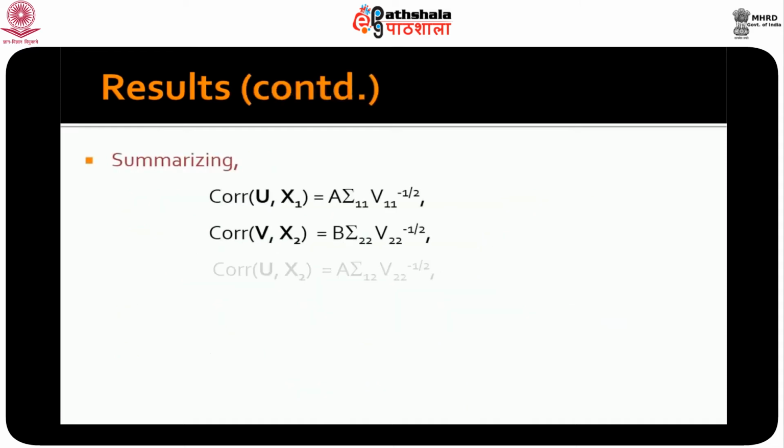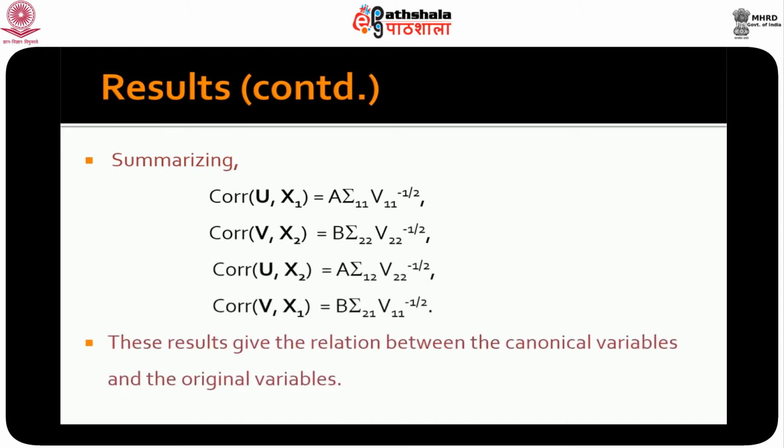We now can find the correlation between U and x1 as the correlation between U and V11 to the power minus half into x1, which is the covariance between Ax1 and V11 to the power minus half x1, and this is given by A sigma 11 into V11 to the power minus half. Similarly, we can calculate the correlations between U and x2, V and x2, V and x1, and the results would be similar. So what do these correlation matrices give us?